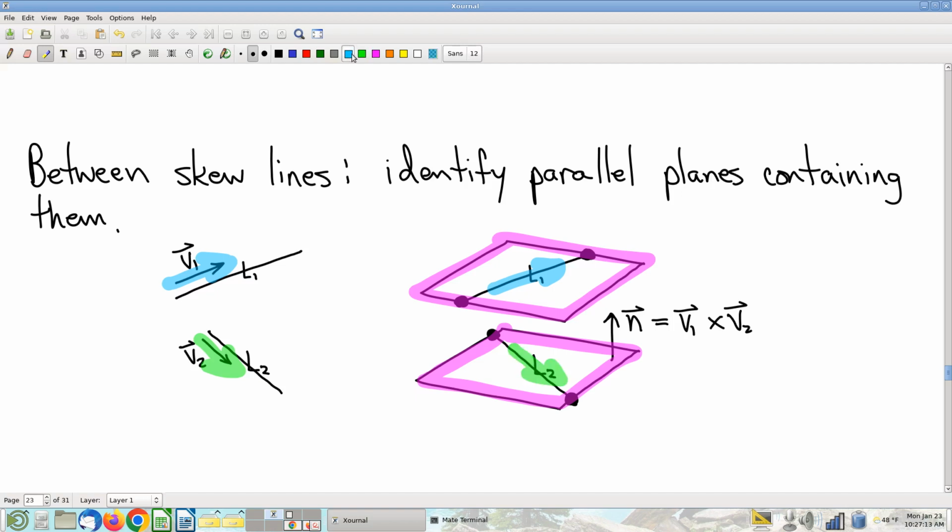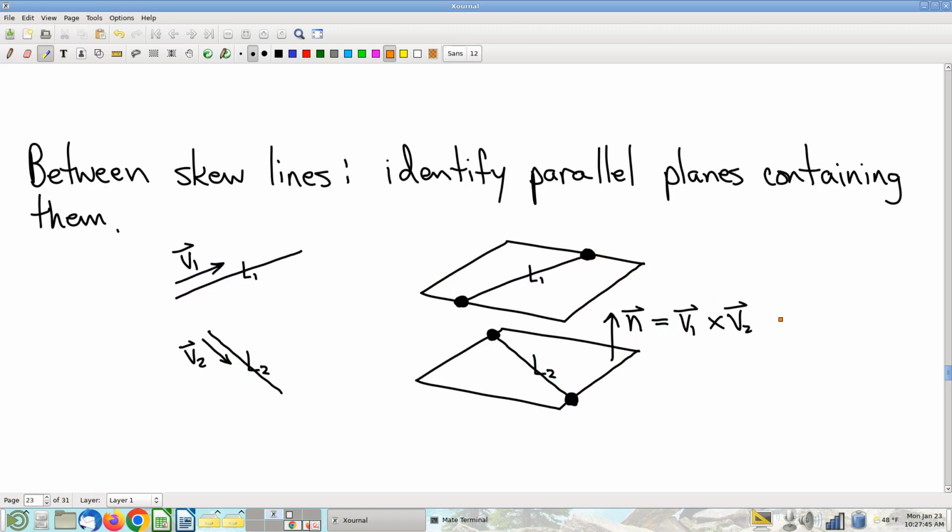And now I've got two vectors that are parallel to these planes, and therefore their cross product is perpendicular to both planes, and therefore that cross product can be a normal vector. And once you've got the normal vector, again, we know how to find equations of planes, n dot x, n dot x naught, and all that business. So, real clever move. Again, wouldn't have thought of this myself, but real neat argument.